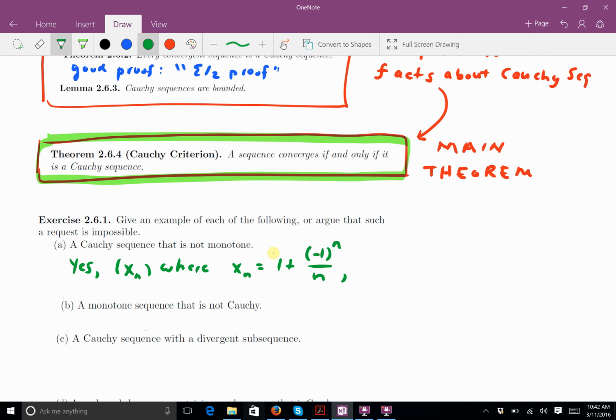It converges to 1. Therefore, since it converges, it's Cauchy by our theorem. But it's not monotone. This sequence oscillates around 1, right?